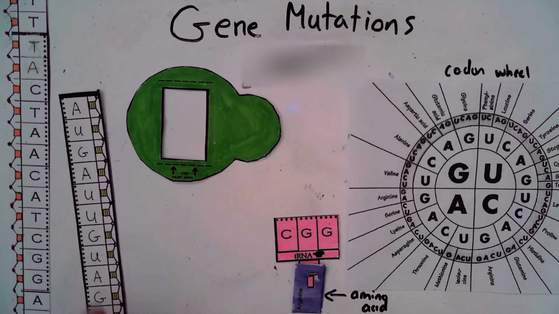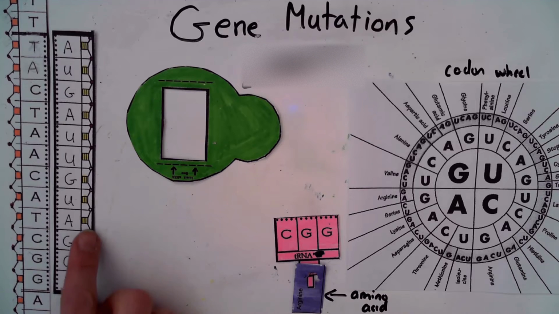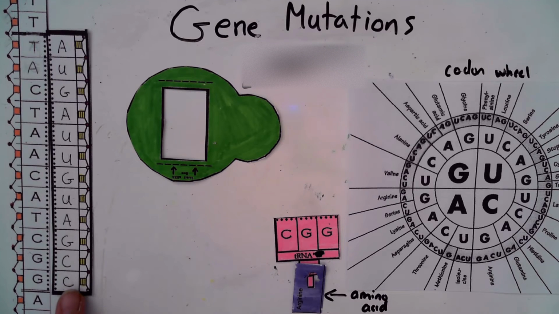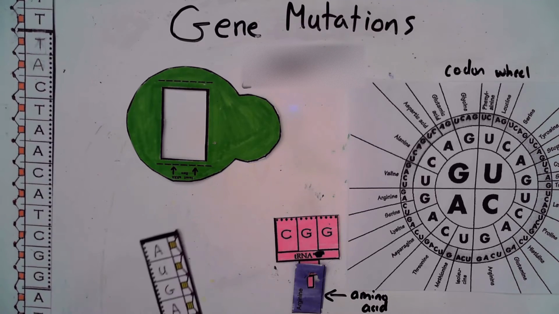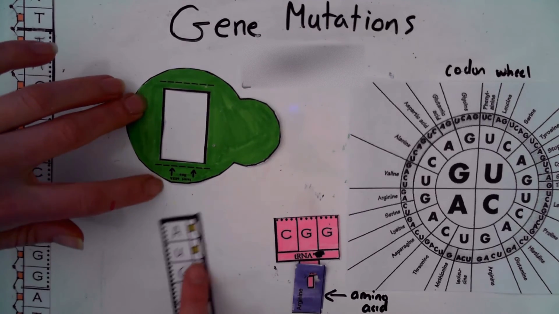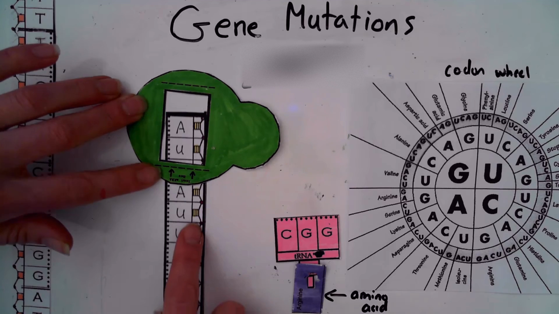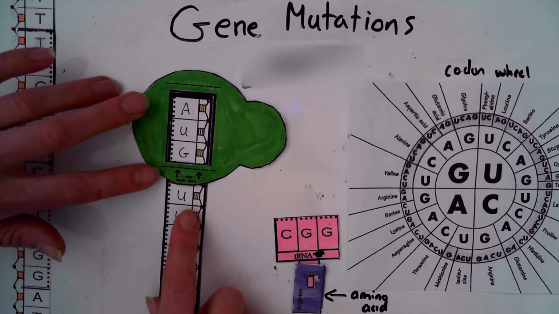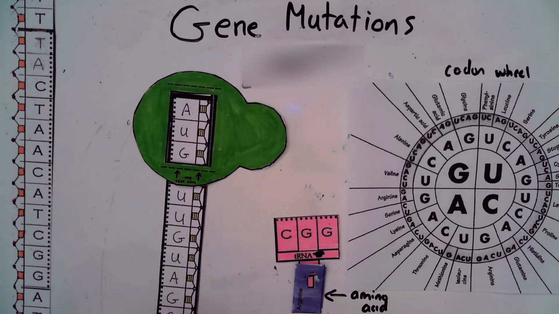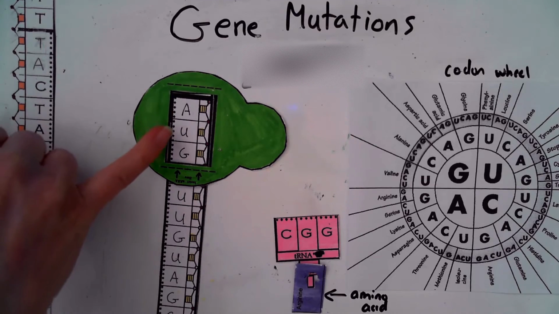That template strand would be used to transcribe and make an mRNA molecule. The mRNA would then travel to the mitochondria, where it is interpreted 3 nitrogen bases at a time.